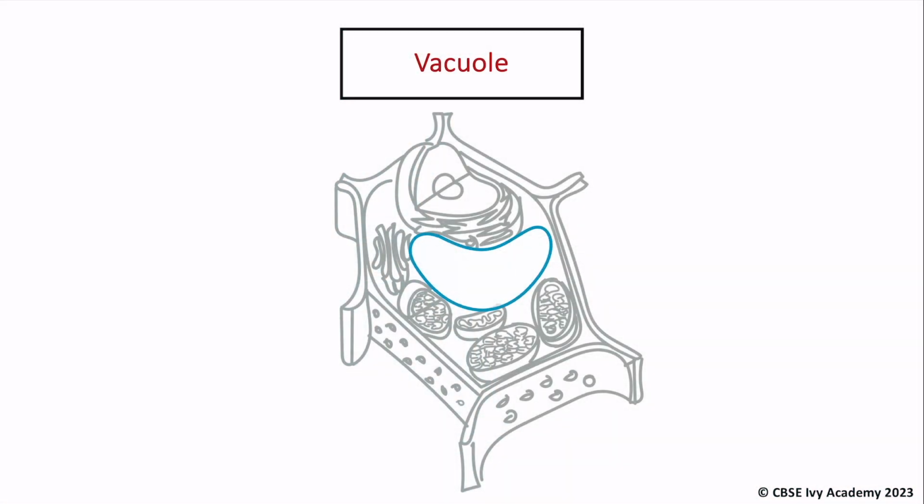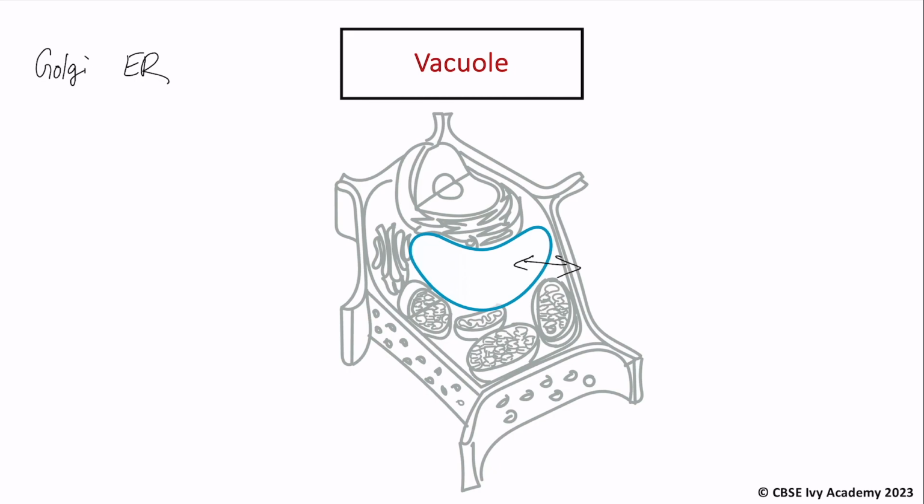The vacuole. So vacuoles are large vesicles that are derived from the Golgi and ER. The vacuole's membrane is selective in transporting solutes into and out of itself, which leads to it having a distinct composition compared to the cytoplasm.